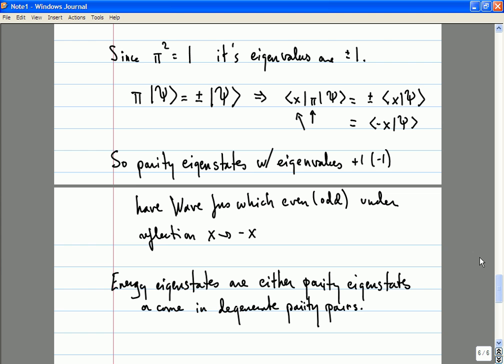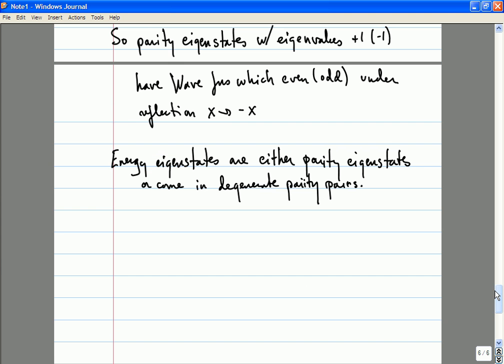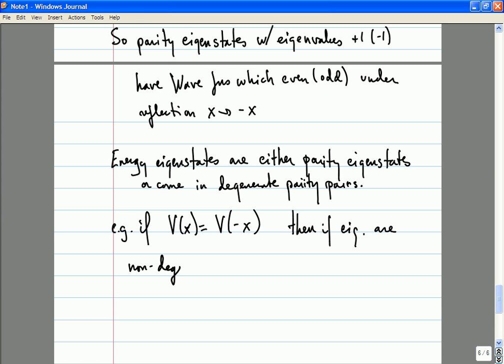So, for example, if you have some potential which is symmetric under x goes to minus x, then if the eigenstates are non-degenerate, they are either even or odd under x goes to minus x.